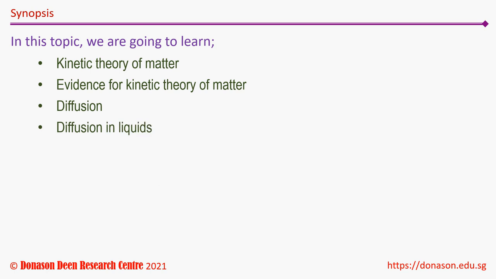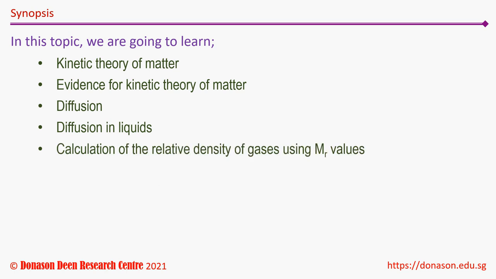Then we will move on to taking a look at another experiment in which we can use potassium permanganate (VII) crystals to demonstrate diffusion in liquids. Then we will learn how to calculate the relative density of gases using relative molecular mass, which is also called the Mr values of the gases.